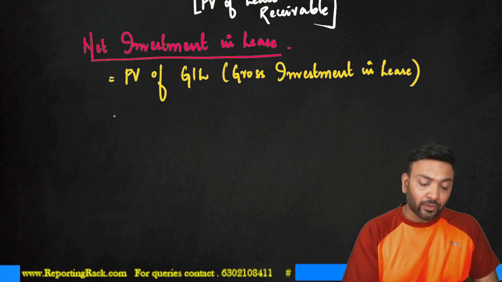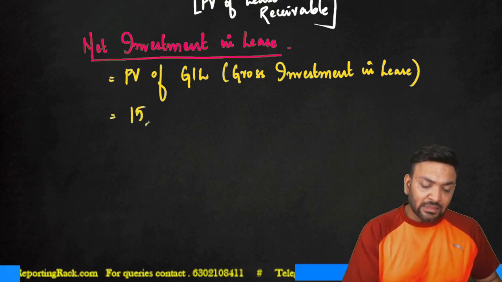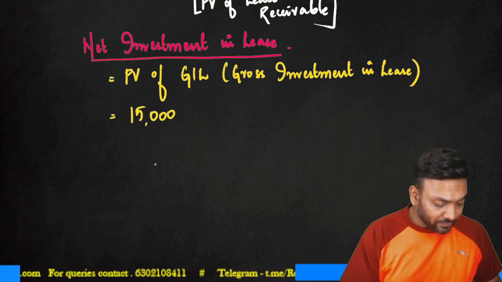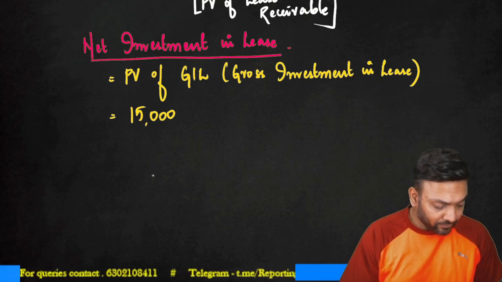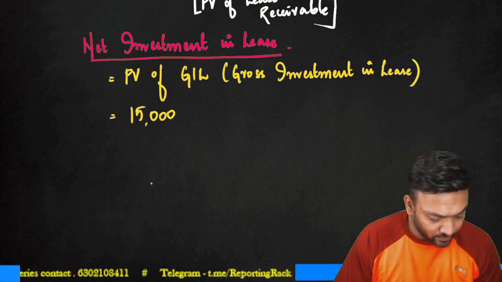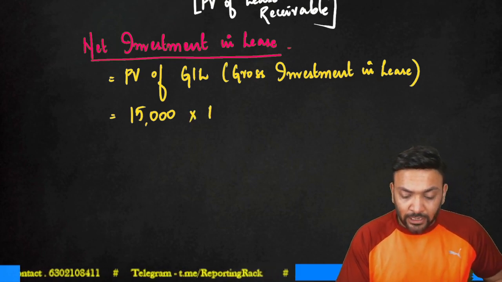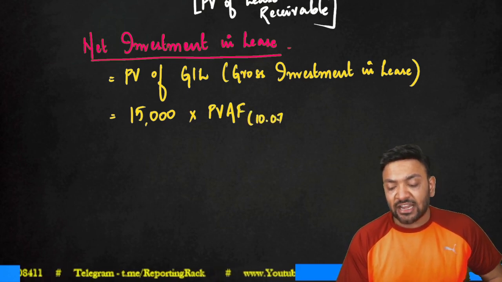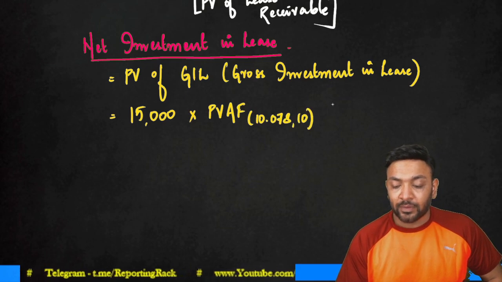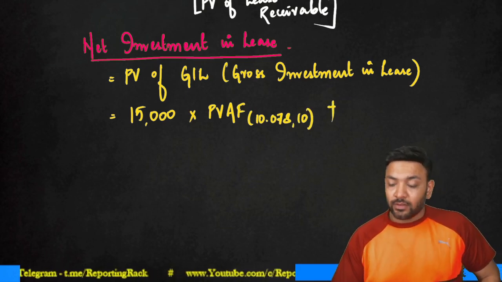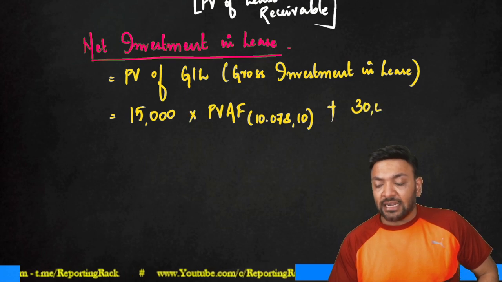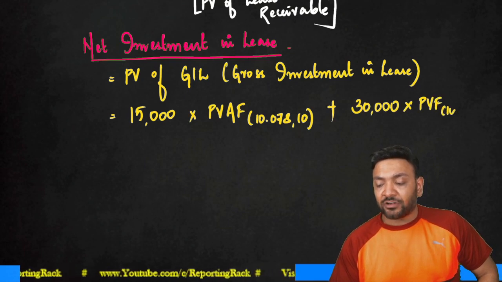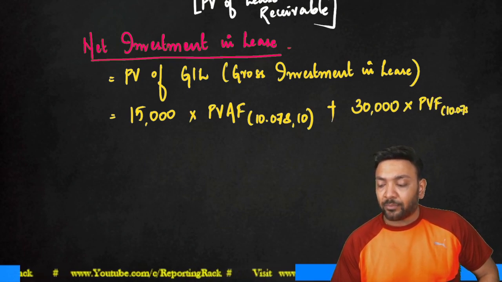Let's start. 15,000 lease rentals into present value annuity factor at 10.078% over 10 years, plus 30,000 of guaranteed residual value multiplied by present value factor of 10.078%, 10.